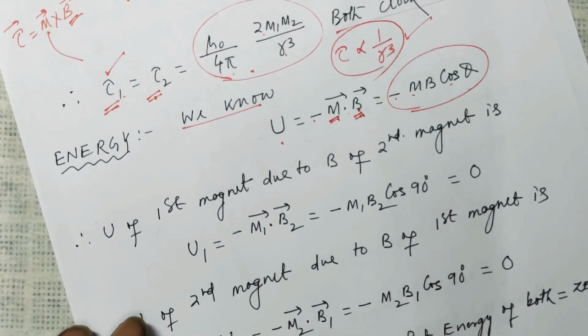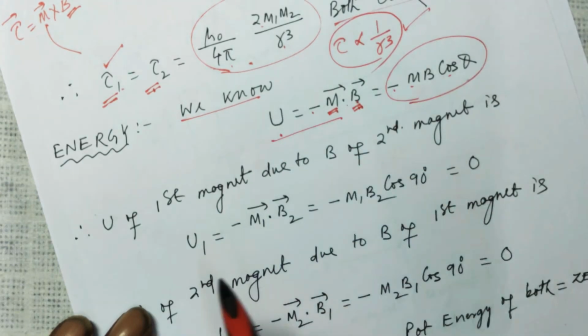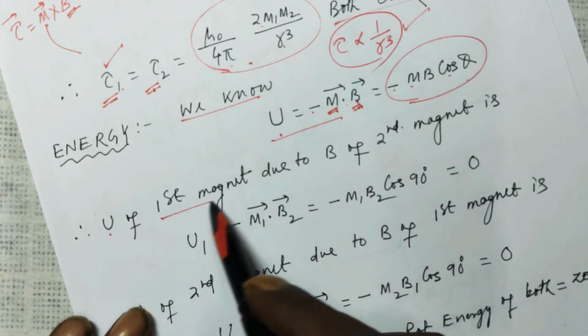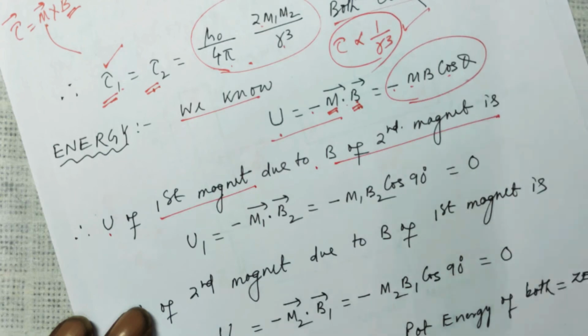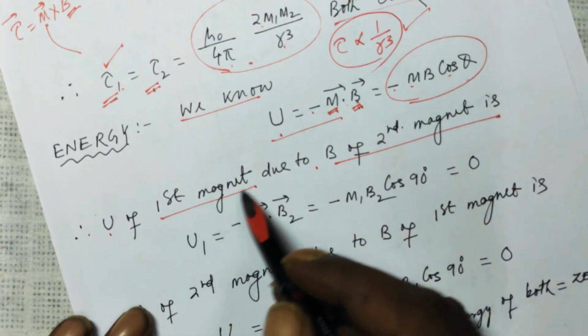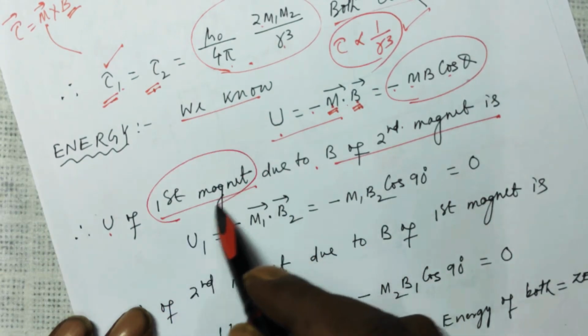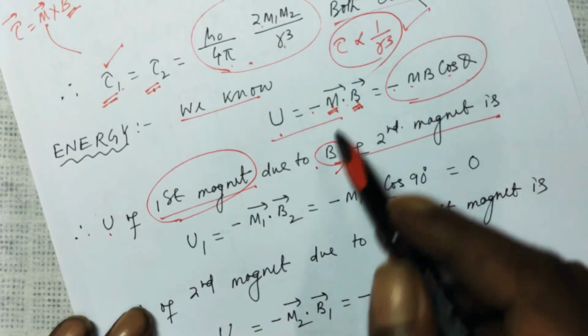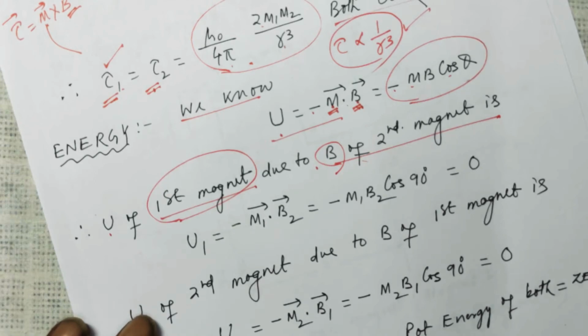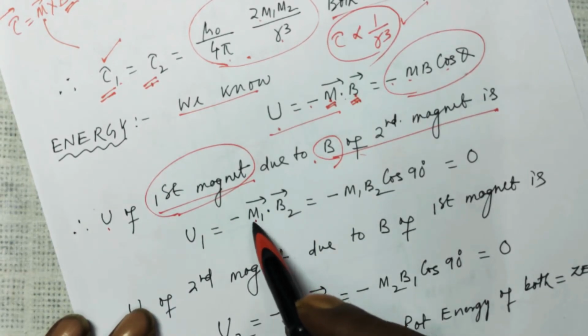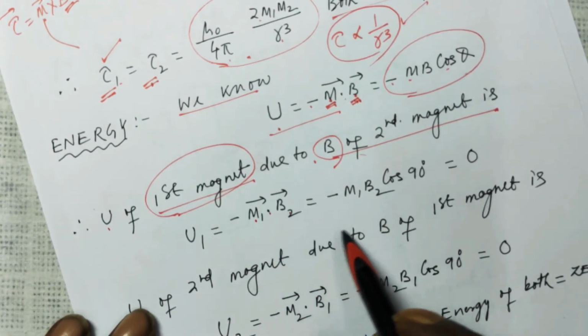Now, how do we interpret this? The potential energy of the first magnet due to B of the second magnet means we have to use M for the first magnet and B for the second magnet in the expression. So M for the first magnet, the magnetic moment, dot B2.